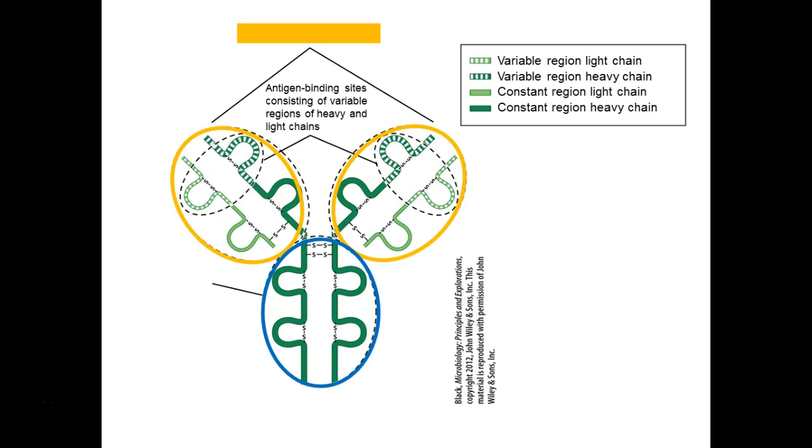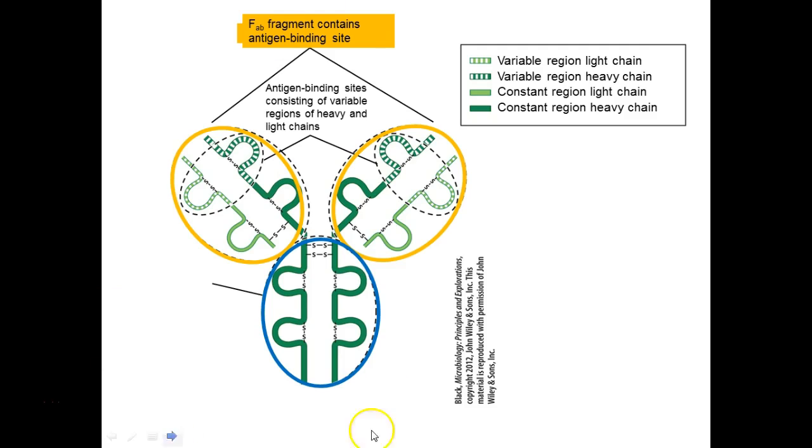Those variable regions I talked about last time, this is where an antibody differs, and that's where it actually binds to the antigen. So these 2 pieces they ended up with, we just said are what? The FAB fraction. And they contain the antigen binding site. So this part of the antibody they found actually would bind to antigens.